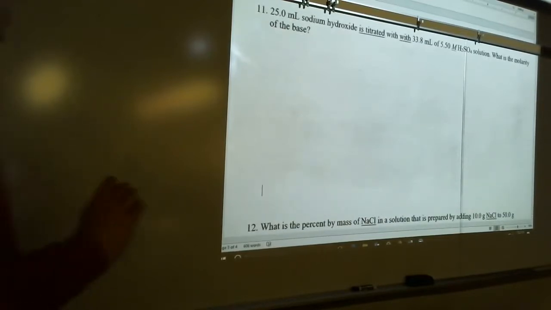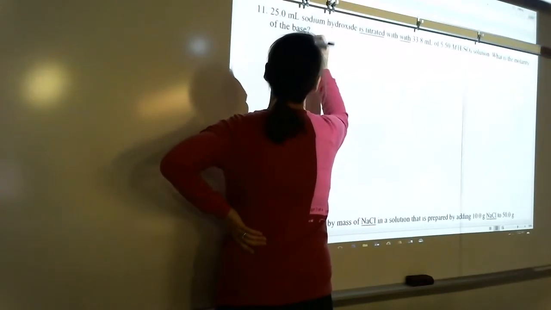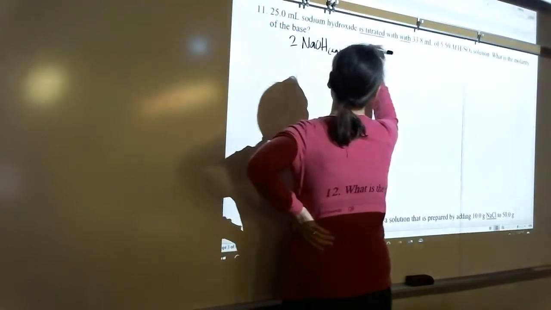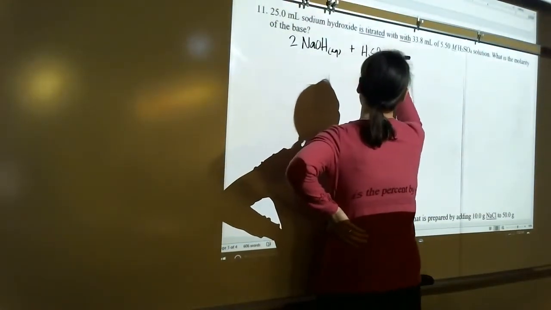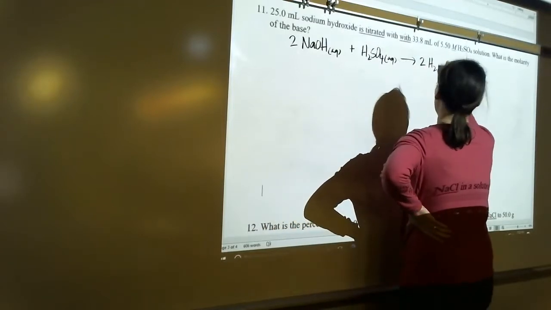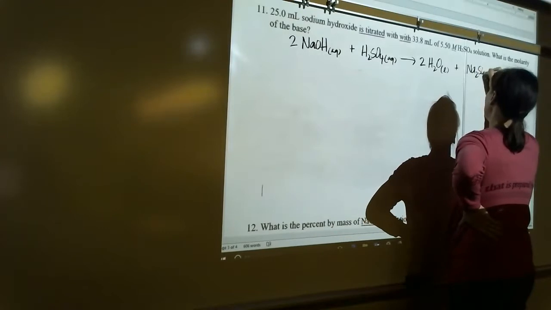It's the exact same reaction that we did a few minutes ago, too. At least we don't have to write a new problem, right? 2NaOH plus H2SO4 produces 2H2O and Na2SO4.